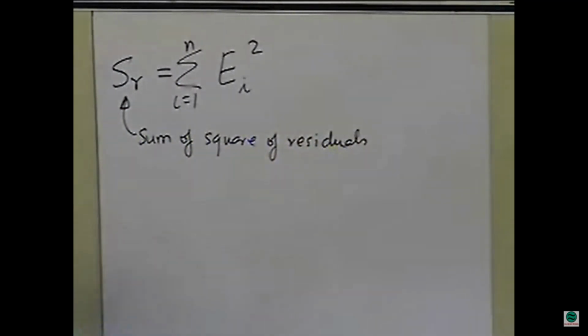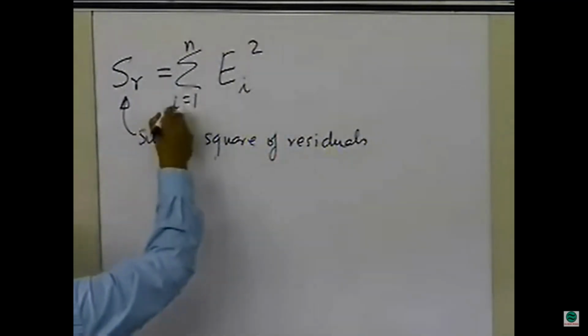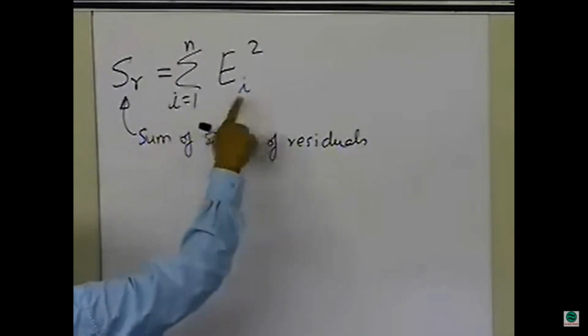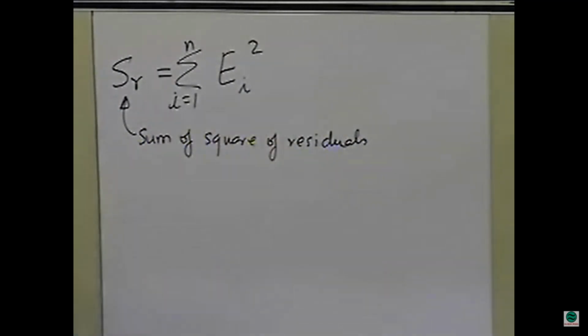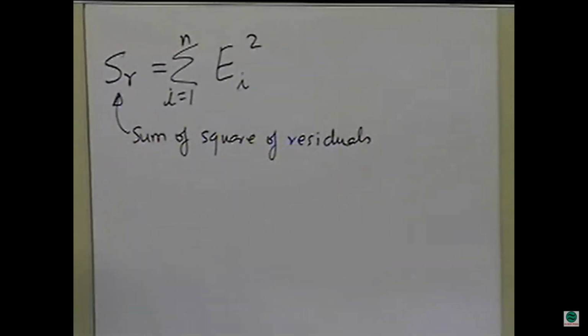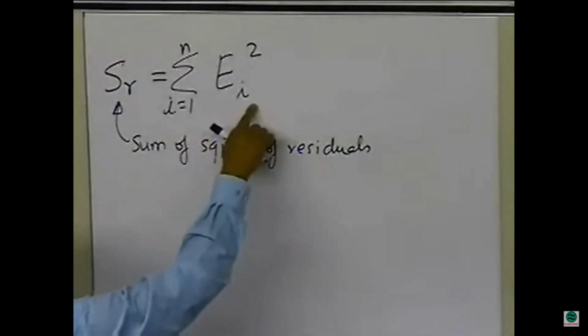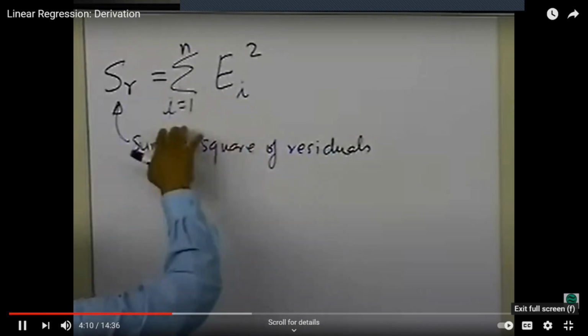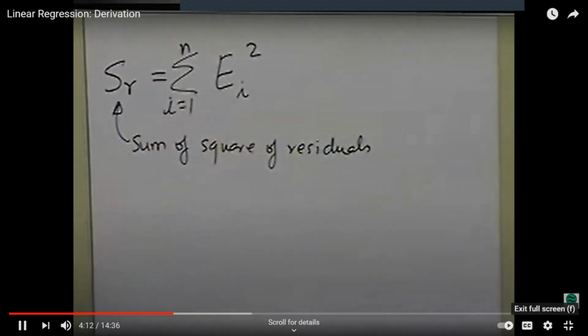That's what you want to make as small as possible, because eventually the goal is to minimize the amount of residuals. One of the criteria used is called the least squares method of finding the regression model. Least squares means that you are squaring the errors, adding all of them, and trying to minimize them. That's why it's called least squares regression.